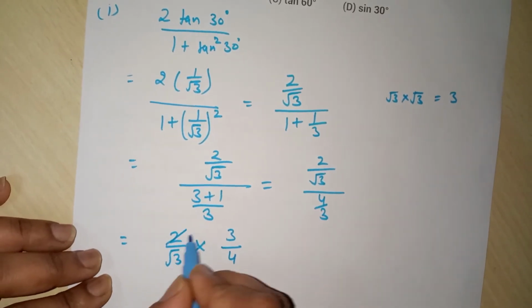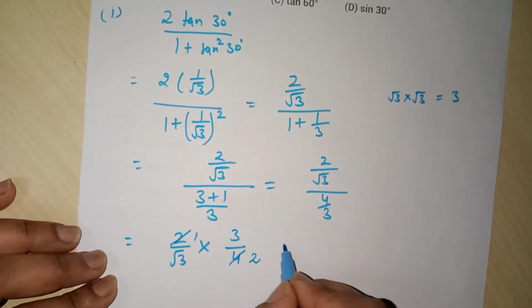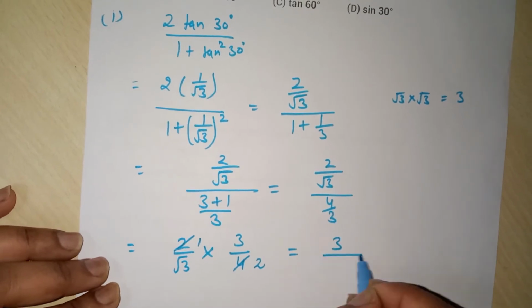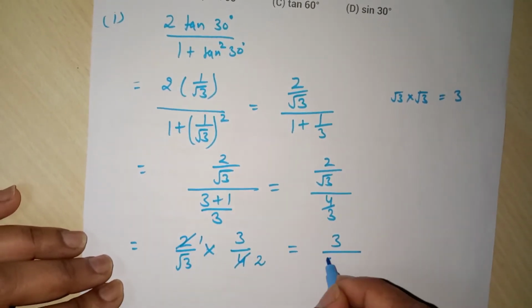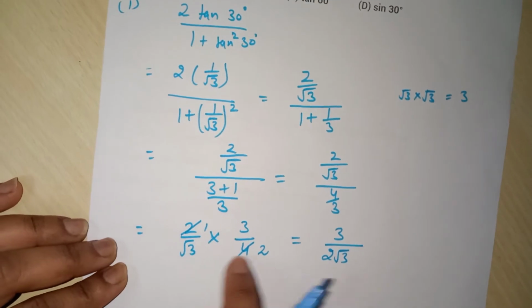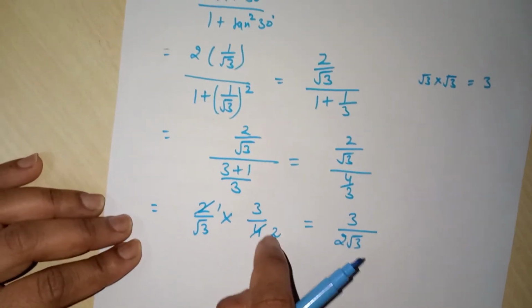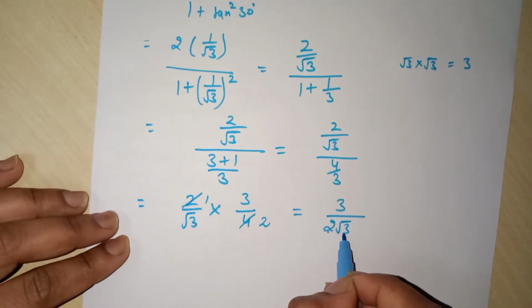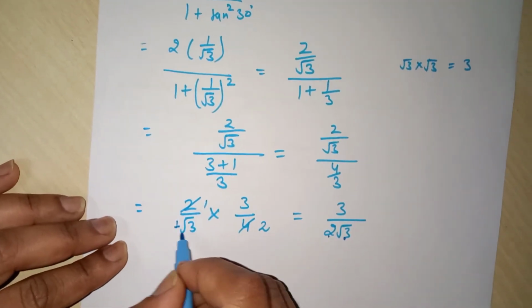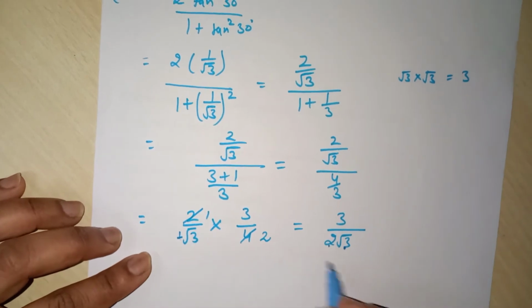So here 2 1s are 2, 2 2s are 4. We are left with 3 divided by 2 under root 3. We don't have to multiply 2 with 3 because it is without square root. So we will write 2 under root 3. Multiply it with the number outside the square root sign.